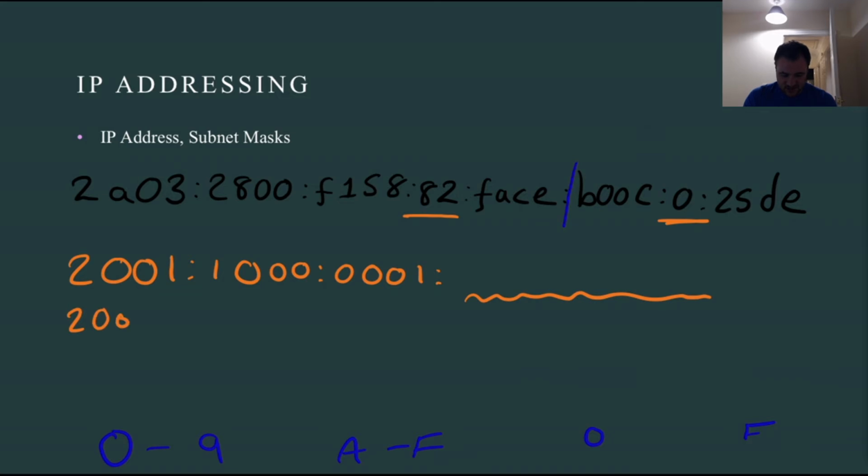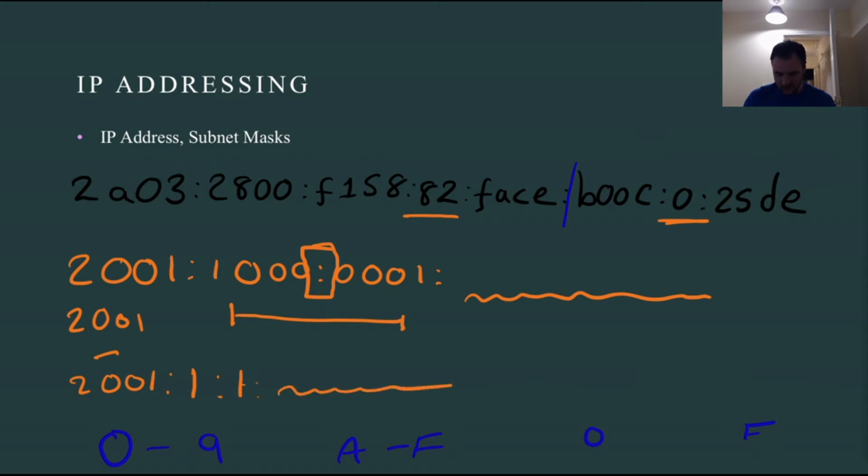So 2001, because these are not leading zeros, we can't shorten that at all. But we can reduce this space down, and we have to keep the colon. So this reduces down to 2001 colon colon 1 colon colon 1, and then colon colon, and we have the rest.